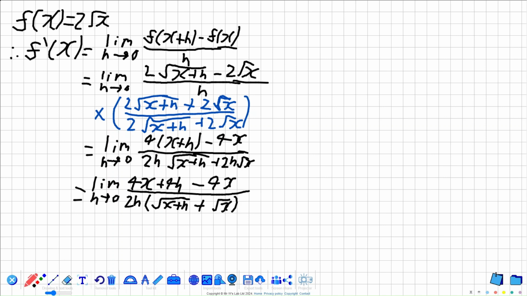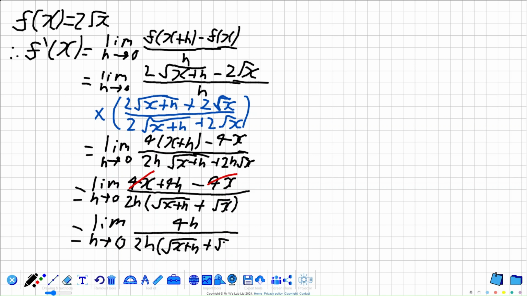And then we can start to cancel a few things, so we can cancel these two to make it simple for us, which will equal the limit as h approaches 0, and then 4h, and then just write the same denominator again, root of (x plus h) plus root x, like that.